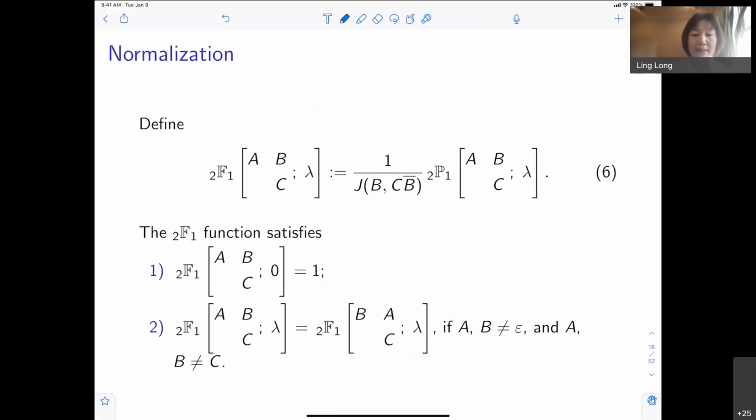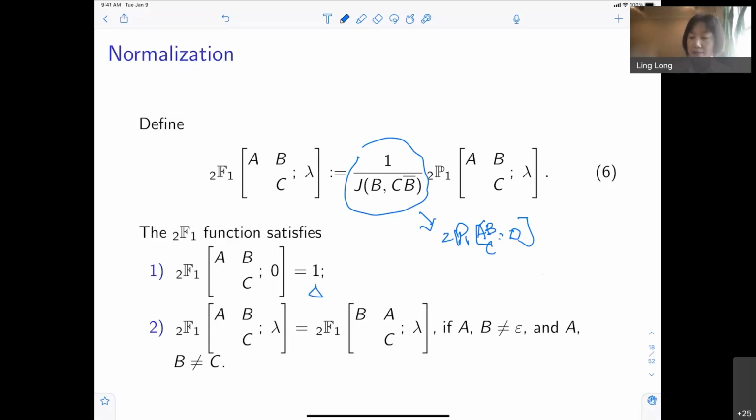Now, pretty much motivated by the classical definition, we're going to try to remove the ambiguity that A and B play asymmetric roles by normalization. The normalization factor is the same as the value of the period function when lambda gets value 0, which is the reference point. The normalizing factor is chosen to make the leading coefficient 1.